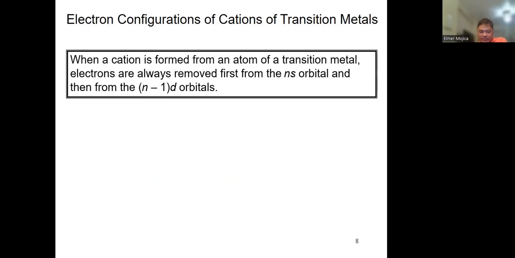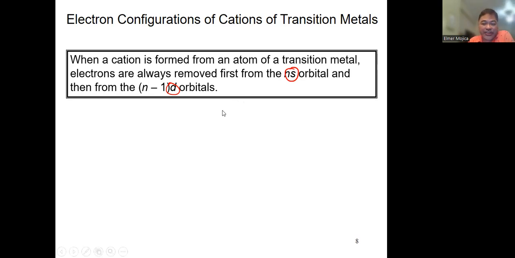Whenever we're dealing with the so-called transition metals, which are in the middle of the periodic table, when you remove an electron out of a transition metal, the electron comes not from the d, but from the s orbital first, followed by electrons from the d orbitals.